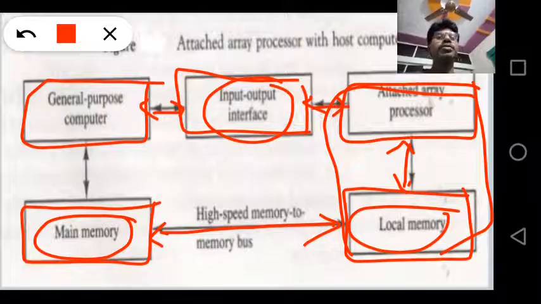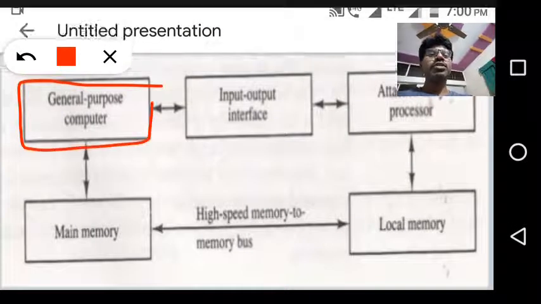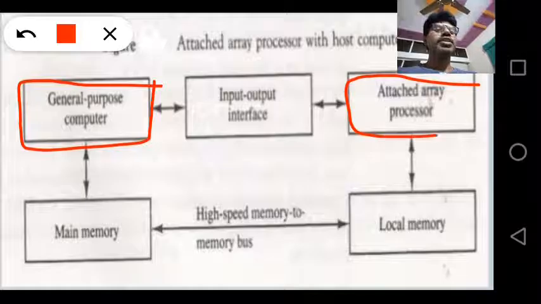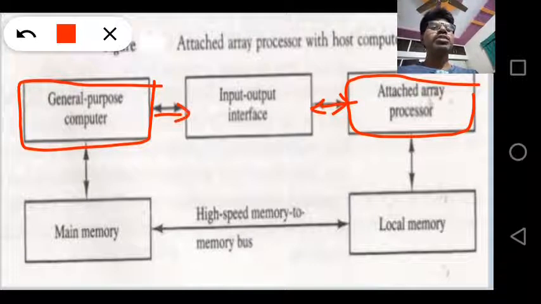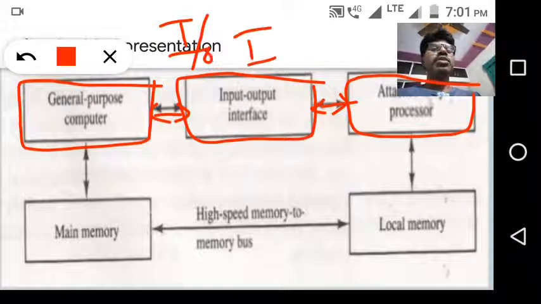Let me repeat once again. This is my general purpose computer, and it is connected to this attached array processor via an IO interface.